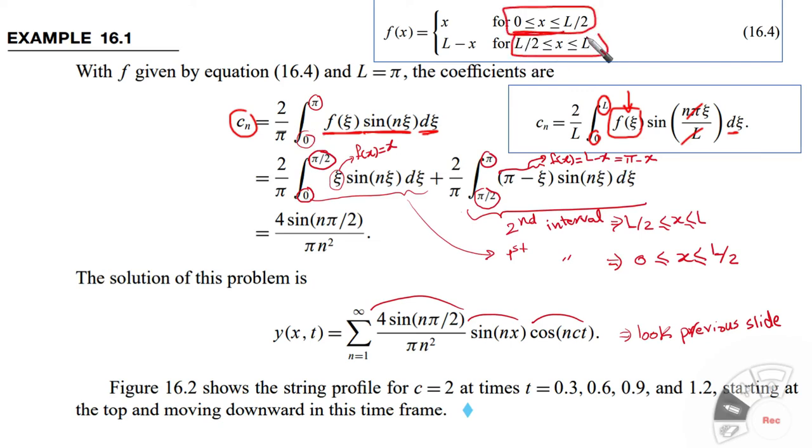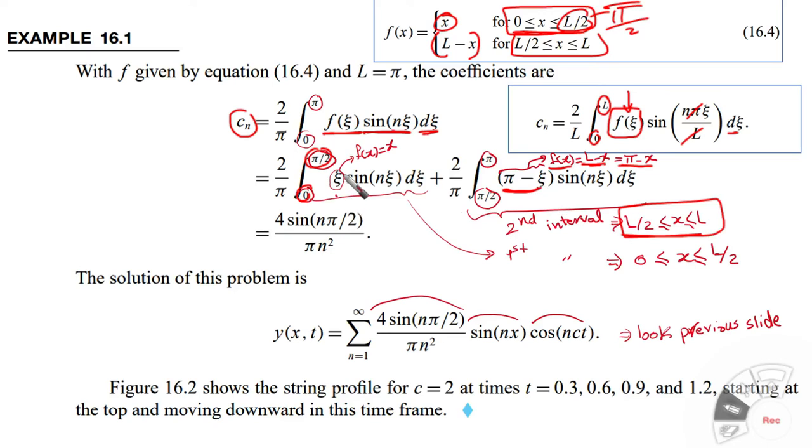One with x, another one with L minus x. So from 0 to L over 2, or pi over 2, and the other is the second interval, from exactly L over 2 to L, where the function is f of x equal to L minus x, which is pi minus z in this case.